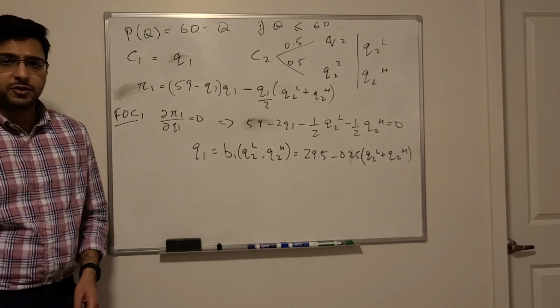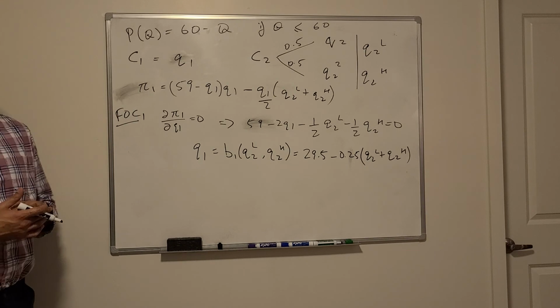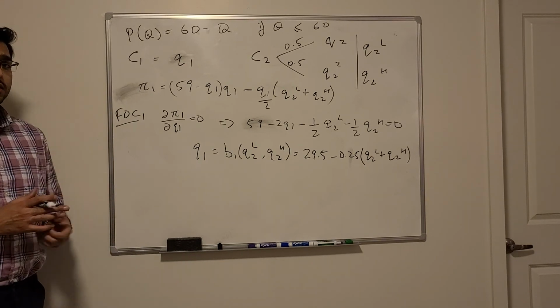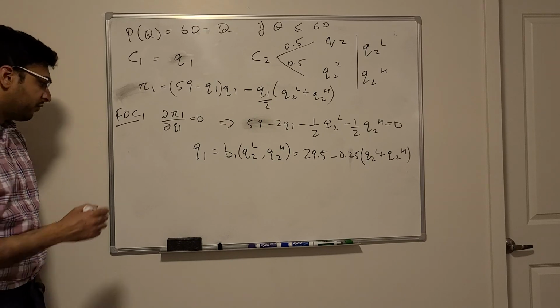Right, so all this is pretty standard. We're just taking a partial derivative of firm 1's profit function with respect to the quantity that firm 1 chooses herself. We do the same for the other two firms.